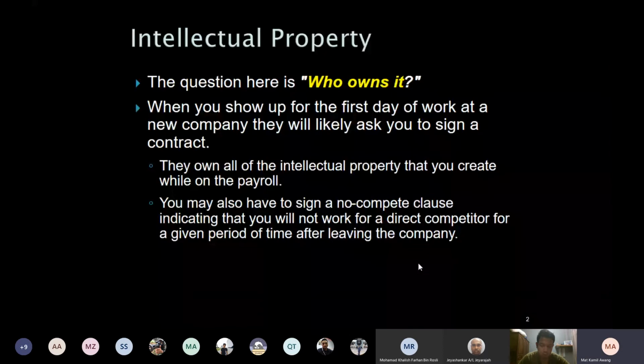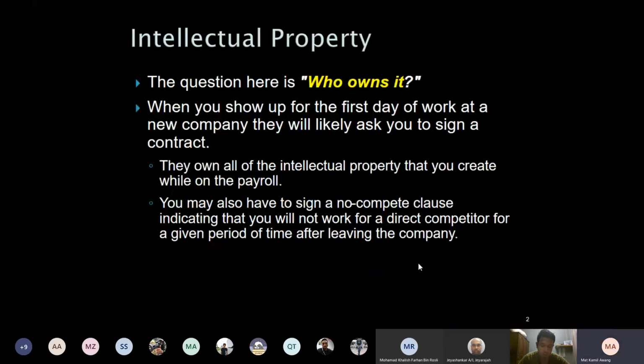So you have to list out all those patents. Do you hold any copyrights? You have to list out all those. Because the company basically tries to protect itself from you using other people's IP in coming up with a design for the company that you are going to work for.